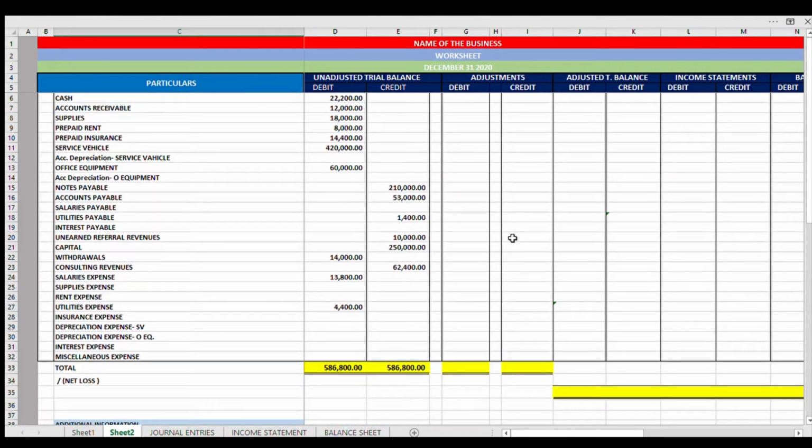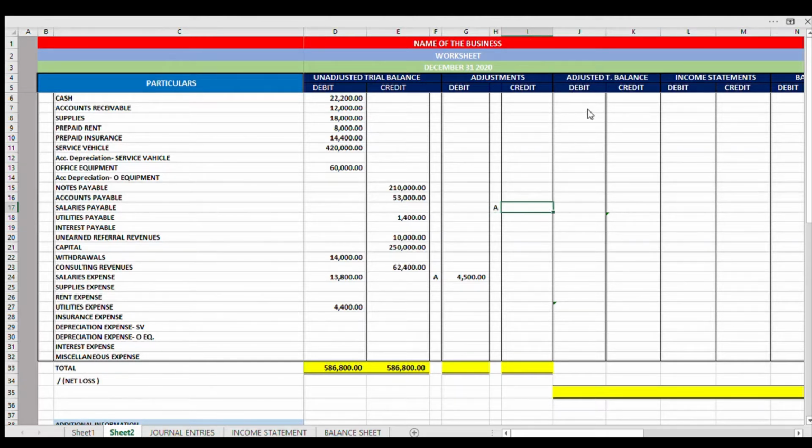So the very first one is to recognize the salaries expense. So it is letter A, and we will recognize the entry 4,500, and also our credit will be, since this is an accrual, a liability will be created.